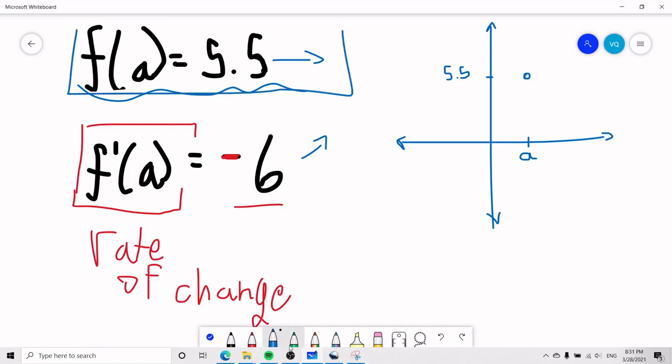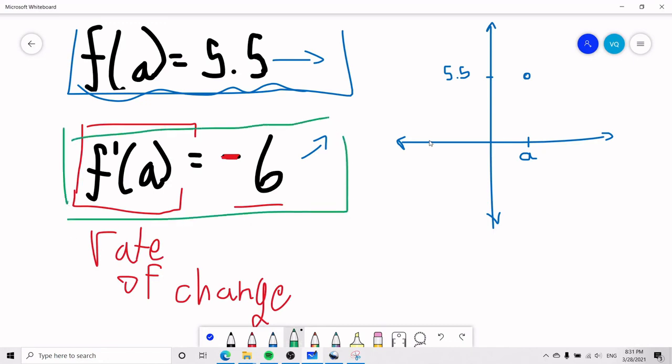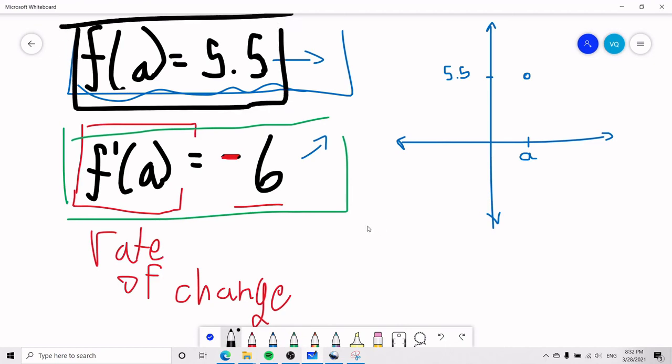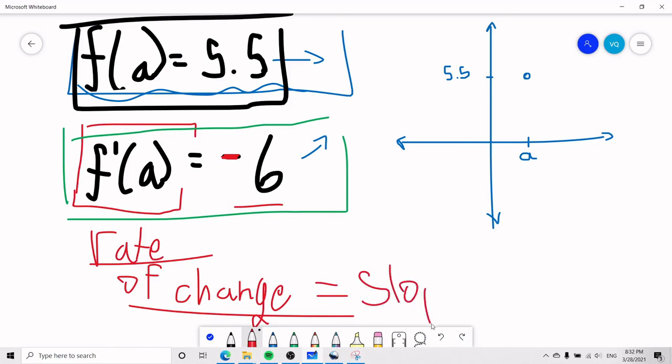And if I graph this information here, I know that the rate of change is negative, so it has to be decreasing in one way or another. Now, the function f of a, we don't know if it's quadratic, if it's linear. It could be literally anything. But we know that the rate of change is negative. And so if the rate of change is negative, that means that the slope is also negative. The rate of change is equal to slope.